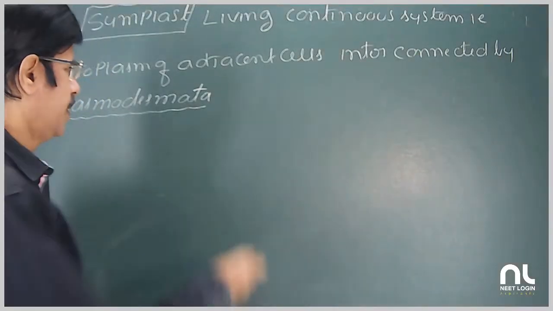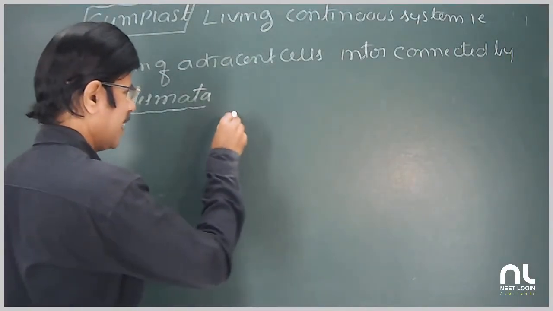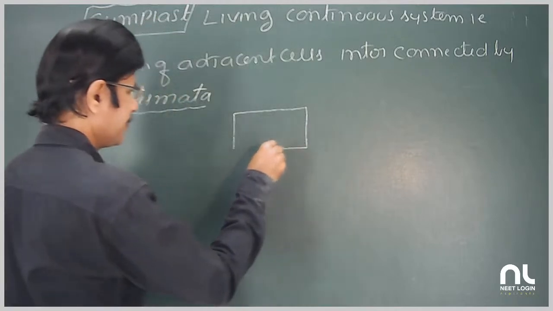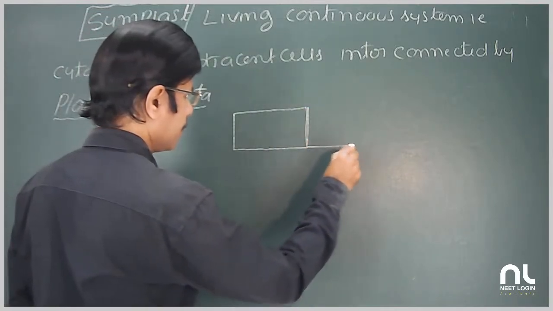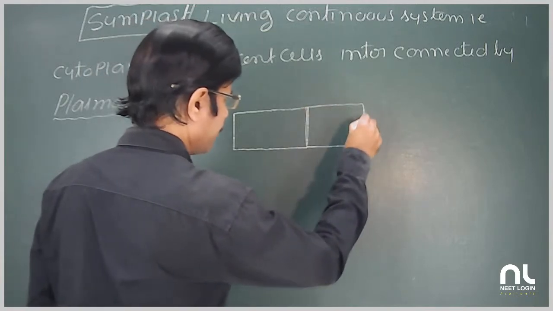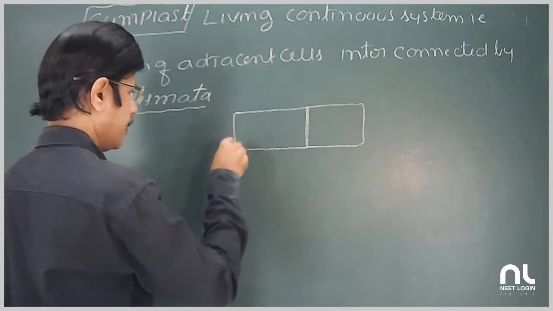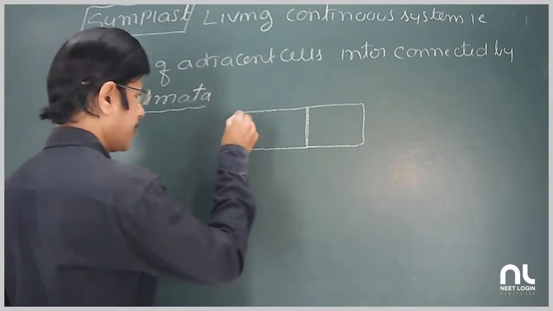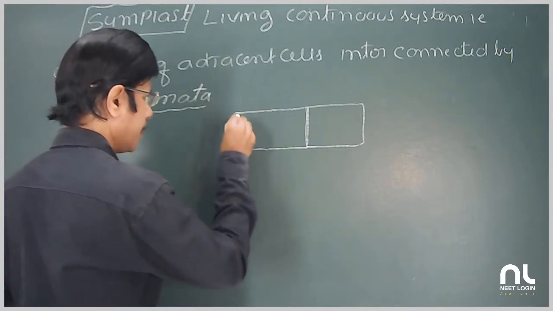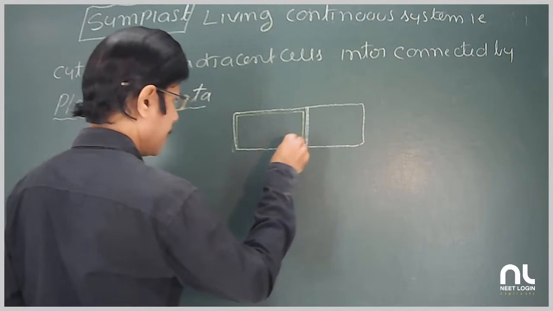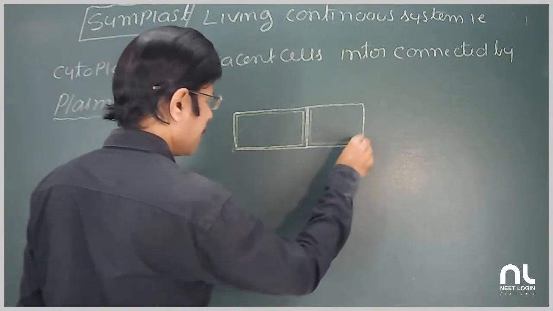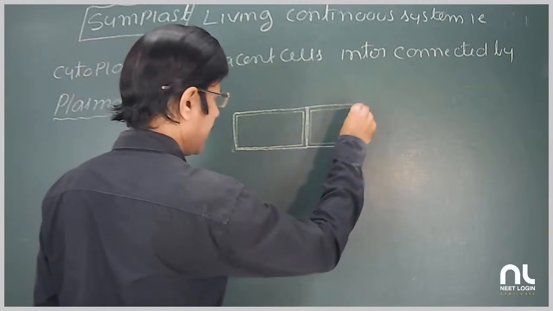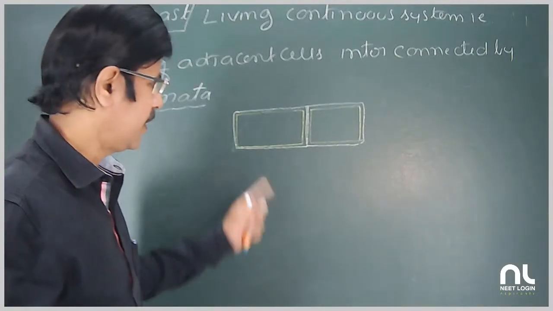Okay. Suppose it is a cell. The two cells. It is the plasma membrane. All the expressions are in this diagram.